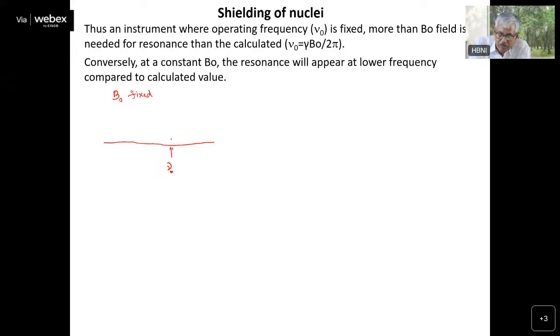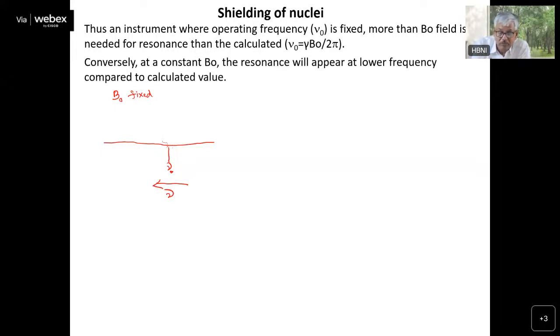But in NMR we plot so that nu increases from right to left.